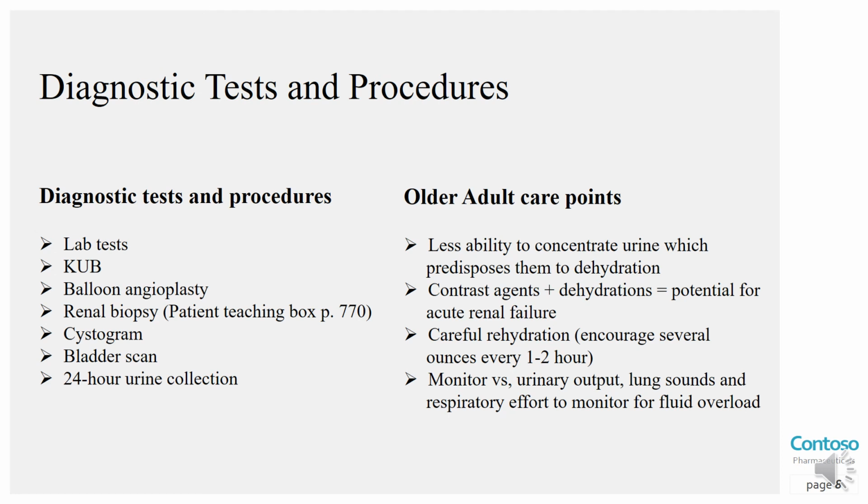All right, so some different diagnostic tests and procedures that are done to detect disorders of the urologic system include a urinalysis with culture and sensitivity. We may do a CBC draw, a blood urea nitrogen or a BUN level, serum creatinine and creatinine clearance, and then a uric acid level.